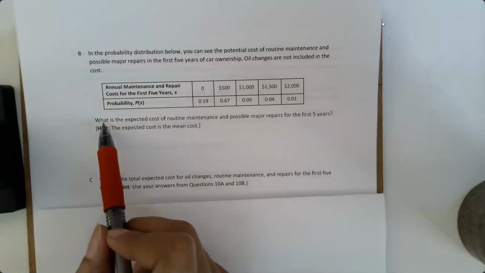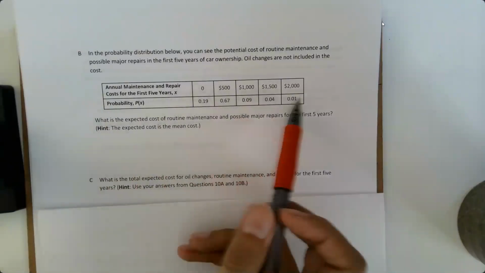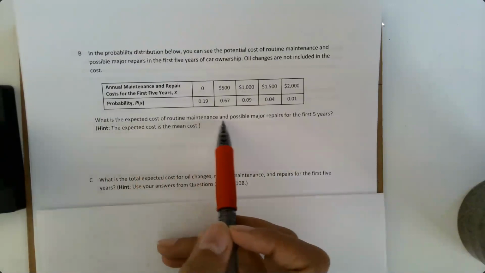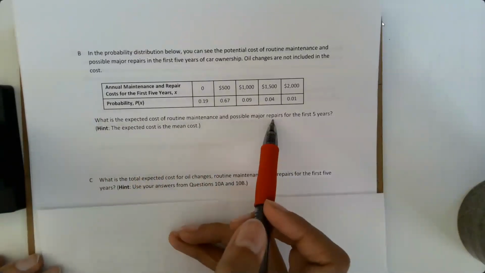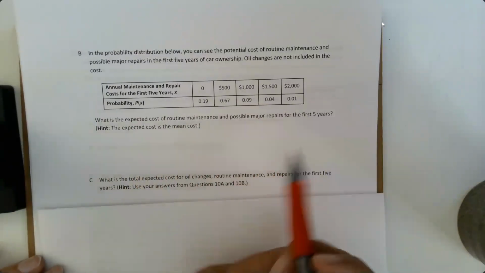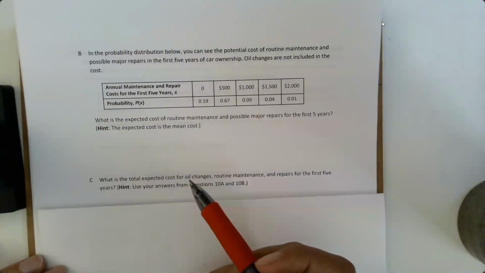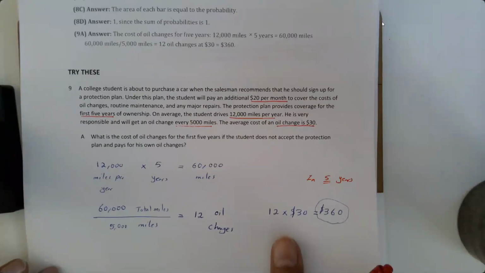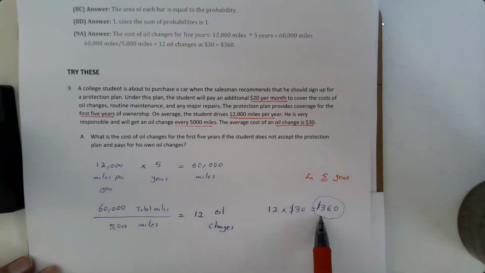The question says, okay, now that we have this information, what is the average cost or expected value of the routine maintenance and possible major repairs for the first 5 years? Again, remember that in the previous question, we only calculated the costs for oil changes in 5 years.